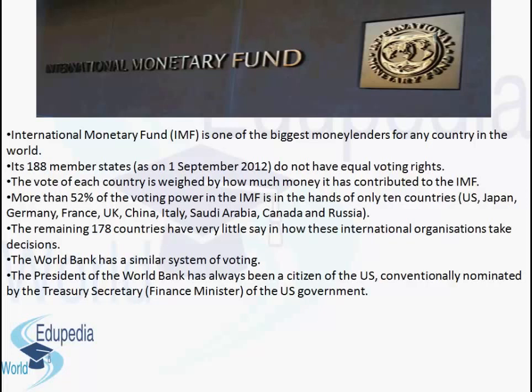And the remaining countries have very little rights. The president of the IMF is conventionally nominated by the Treasury Secretary, or Finance Minister, of the US government, and he has always been a citizen of the United States.